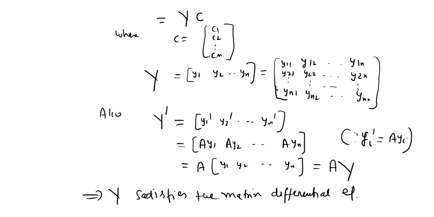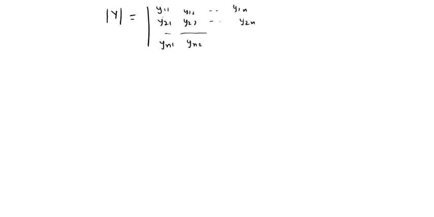So now, the determinant of Y will be y11, y12, y1n, y21, y22, y2n, and so on, yn1, yn2, ynn. So that is the determinant. This is the Wronskian of the vectors y1, y2, yn.